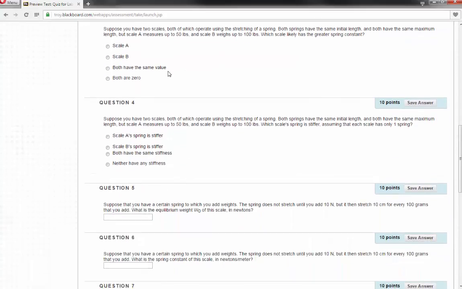And then question number 3, suppose you have two scales, both of which operate using the stretching of a spring. Both springs have the same initial length and both have the same maximum length. But scale A measures up to 50 pounds and scale B weighs up to 100 pounds. Which scale likely has the greater spring constant?